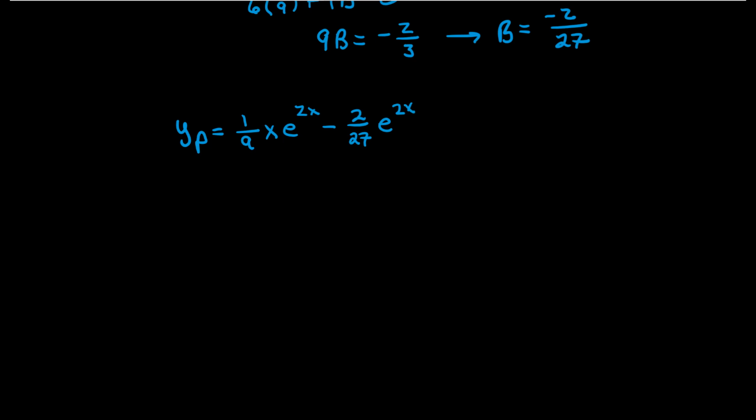If you look on some solutions, you'll find the 1/9 is factored out here, and you get 1/9 times x e to the 2x minus 2/3. Remember, if you factor a 9 out of 27, you're still left with a 3 e to the 2x. Which is right? Either. Either will work fine. So there's number 4 done.